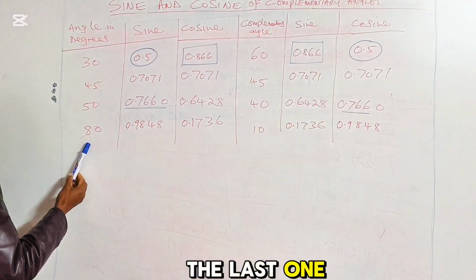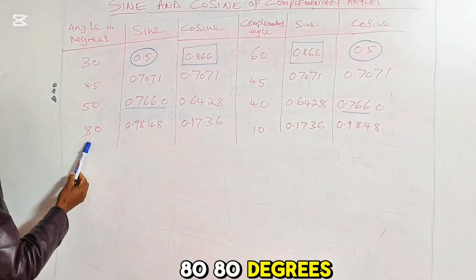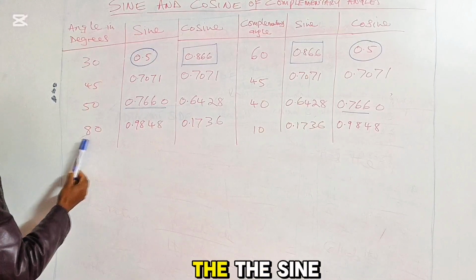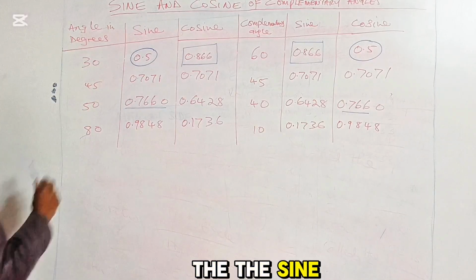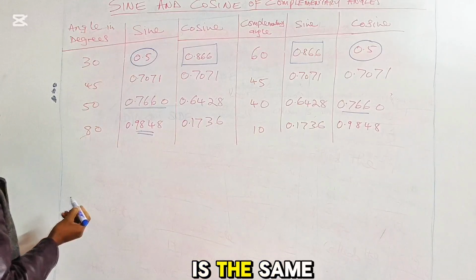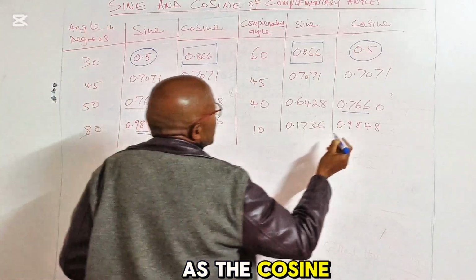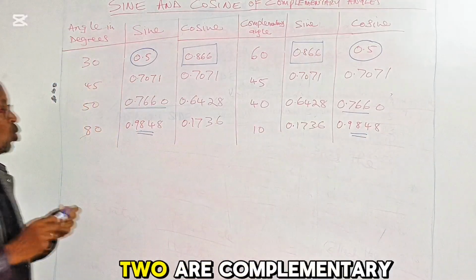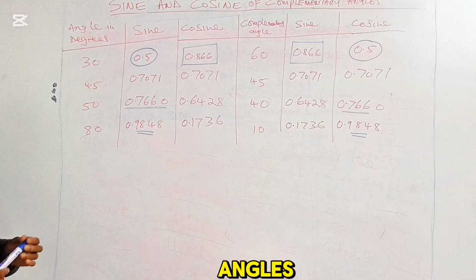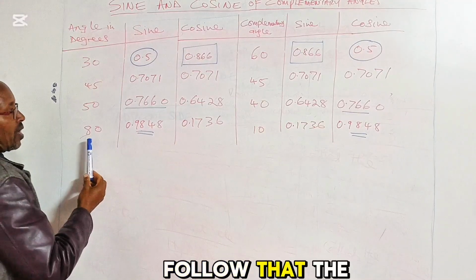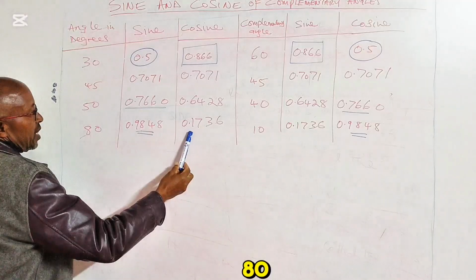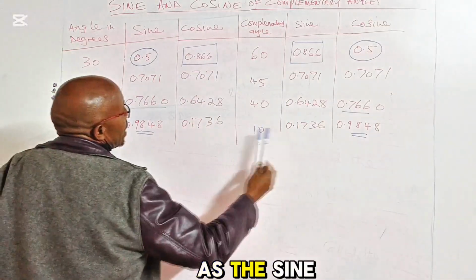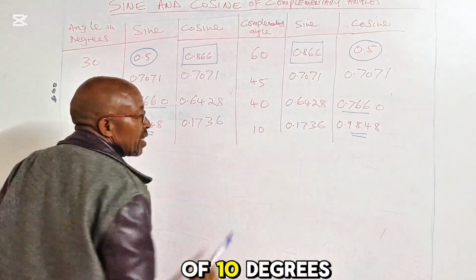Go to the last one, 80 degrees. We see that the sine of 80 is the same as the cosine of 10 because the two are complementary angles. And it will follow that the cosine of 80 is the same as the sine of 10 degrees.